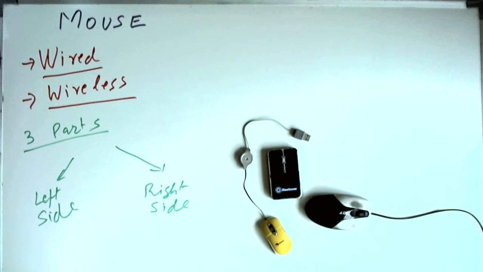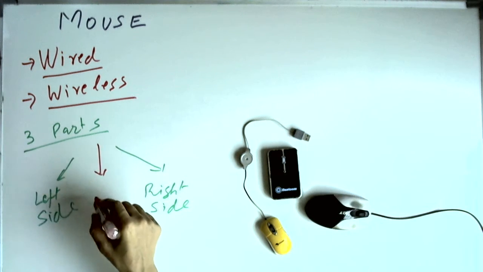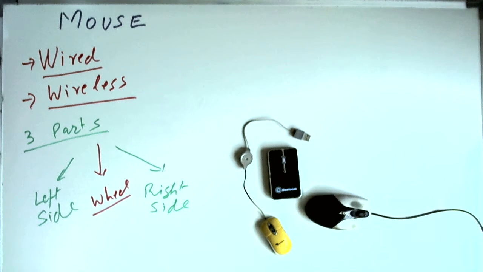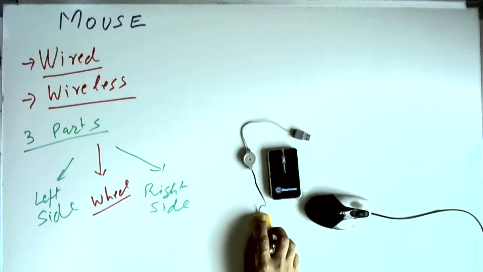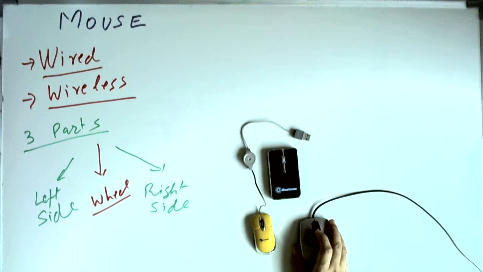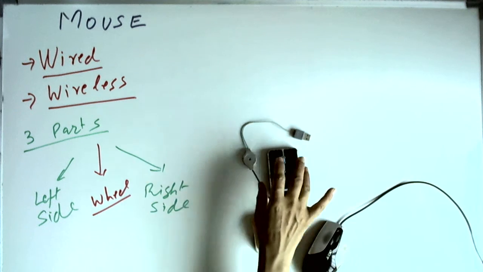And in the middle normally there is a wheel. So most mice have these three parts these days. For example, this one also has a wheel. You can see there is a wheel which I can rotate. Similarly, this one also has a wheel. It's a black color wheel here. You can see that, and here also there is a wheel.